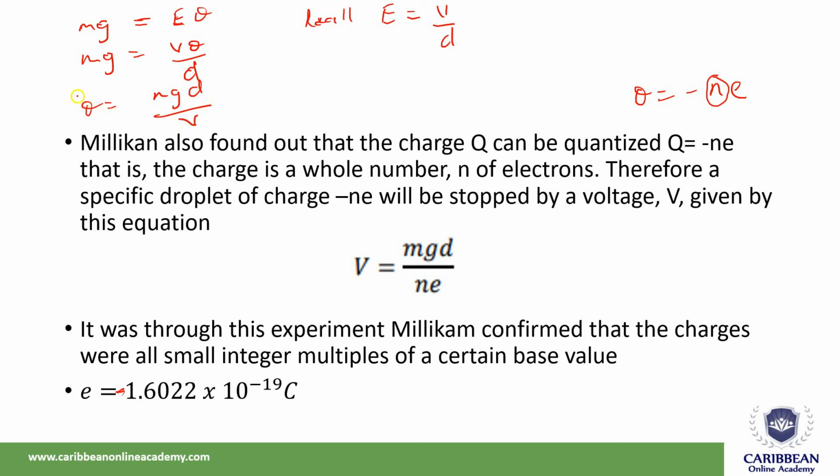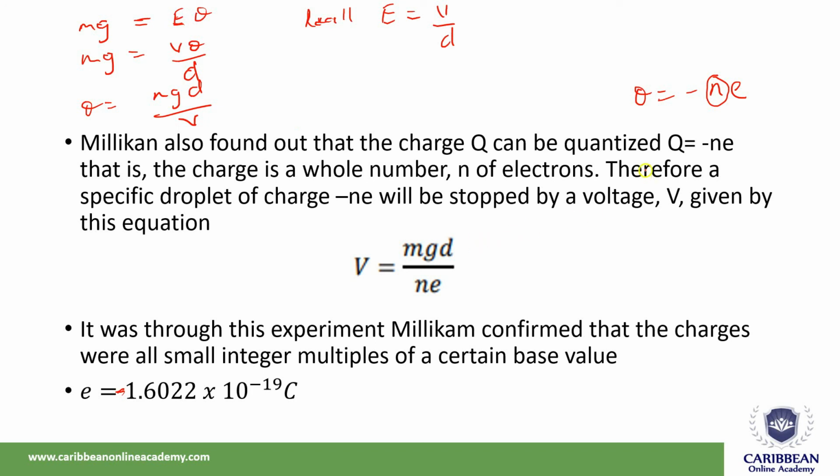Now, the charge that Millikan found, he realized that the charge was quantized, which means that it had more than one charge. The oil droplet that he balanced wasn't just one charge; there were multiple charges.